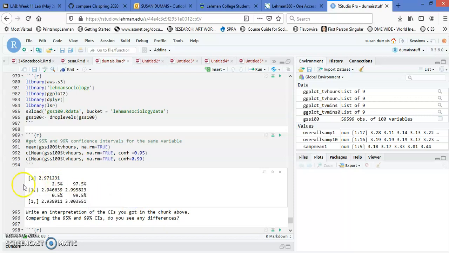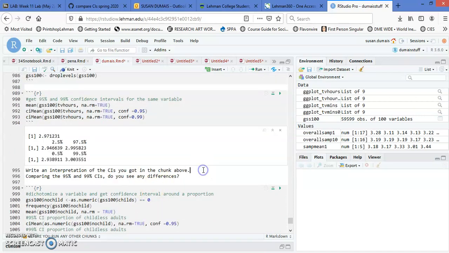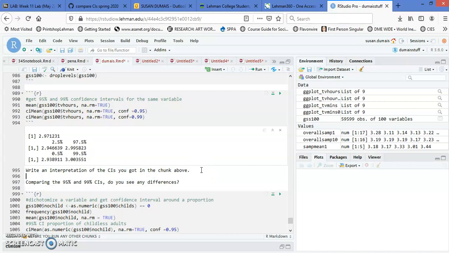The first 2 lines here are for a 95% confidence interval, and we can see that that is from 2.95 to 3.00 if I'm rounding. And our 99% confidence interval, which is covered in these two lines, is from 2.94 to 3.00.